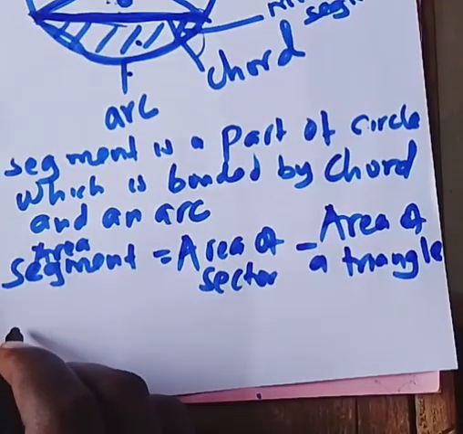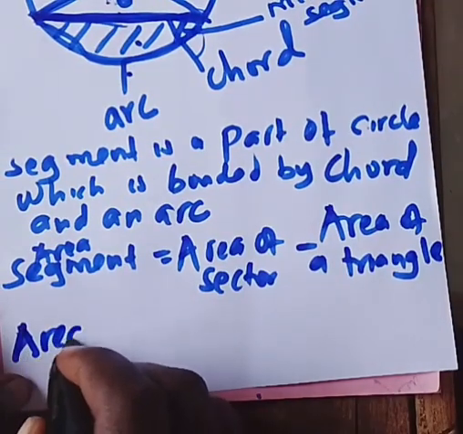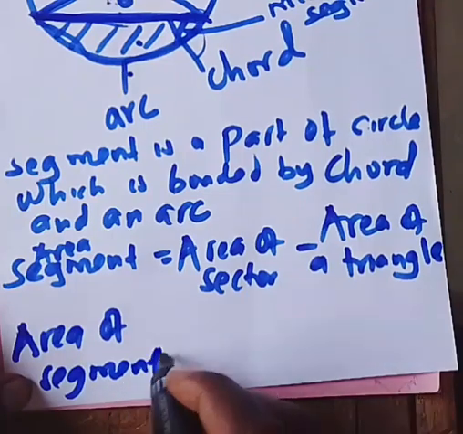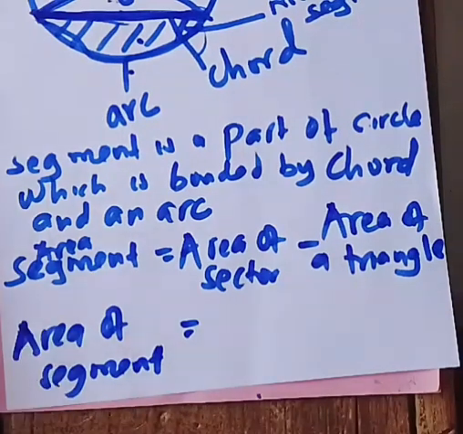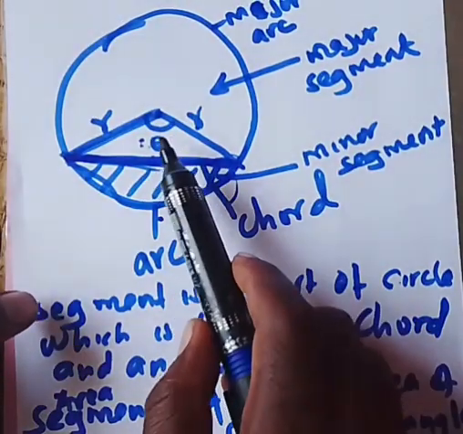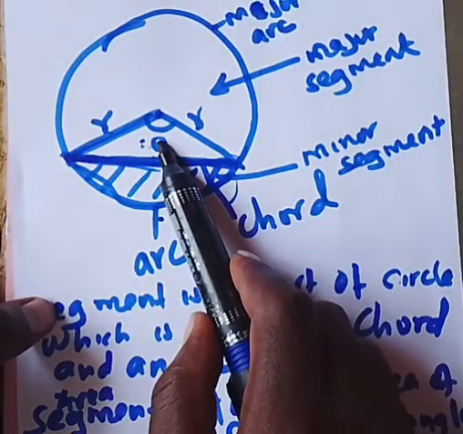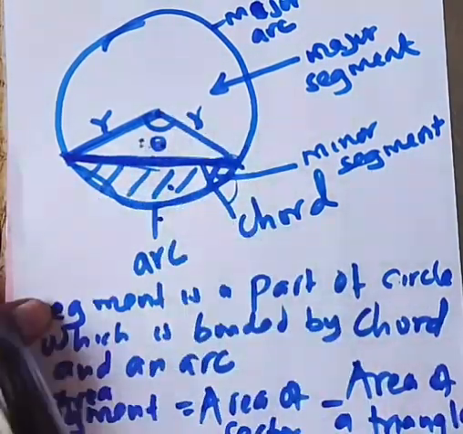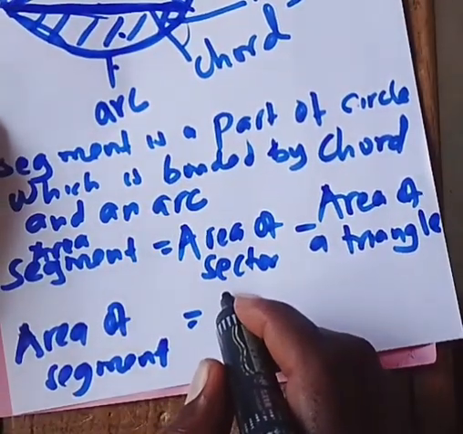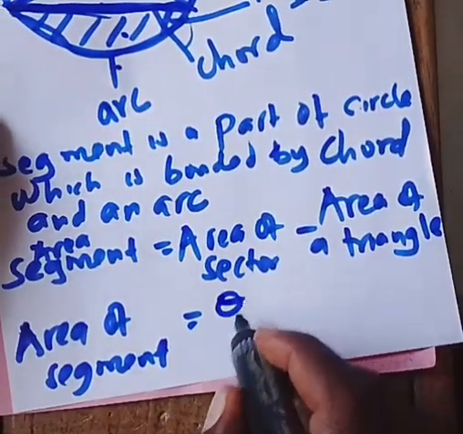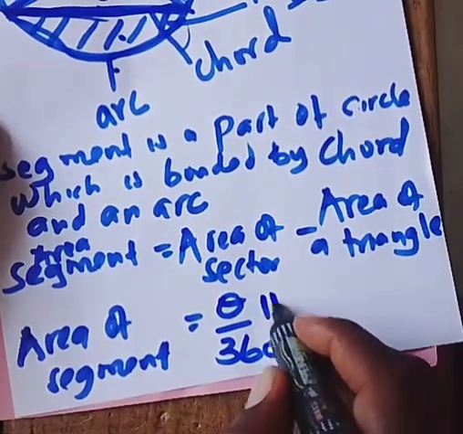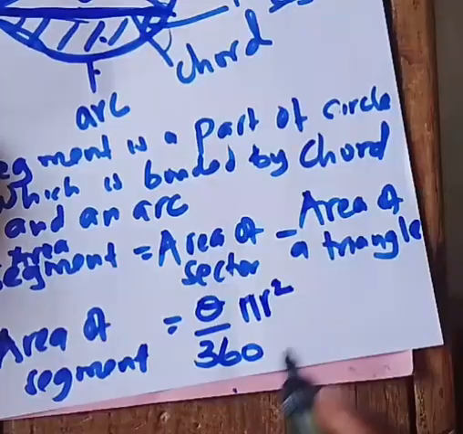So now the area of the segment will be given by the formula. Last time we said the sector is given by theta over 360 pi r squared. So we will say it is theta over 360 pi r squared.